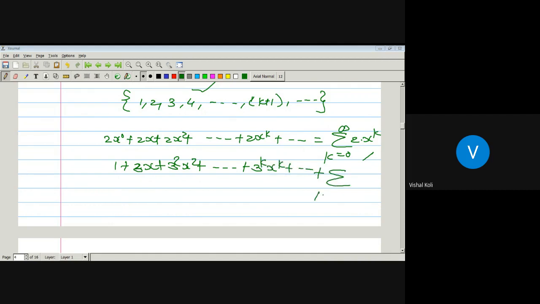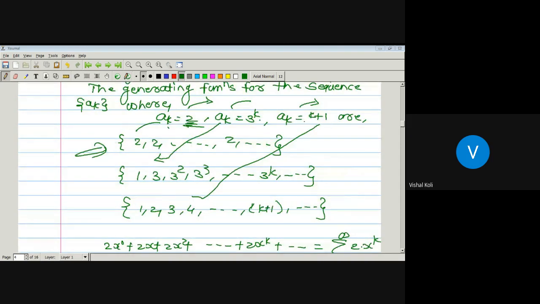So what is it? It is nothing but summation k running from 0 to infinity 3 raised to k x raised to k. This one is the generating function corresponding to the sequence ak equal to 3 raised to k, that is, the general term is 3 raised to k.